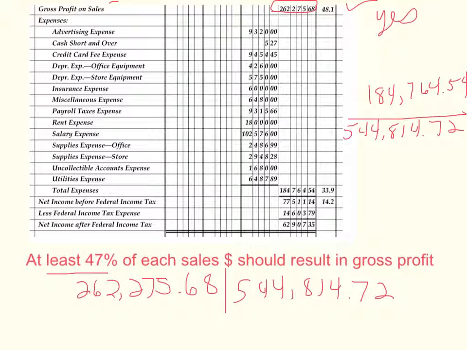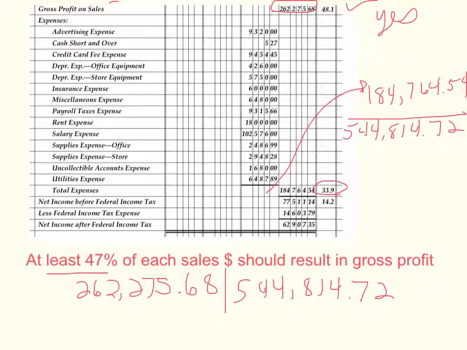Your expense ratio of 33.9 was calculated by taking your 184,000 total expenses, dividing it again by your net sales to calculate out to 33.9%.